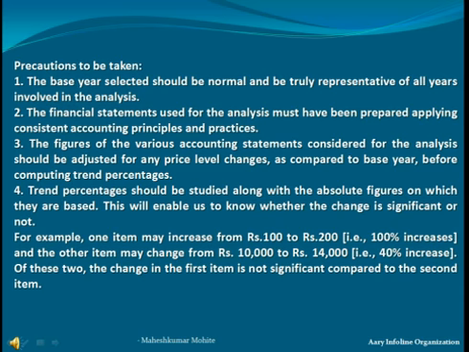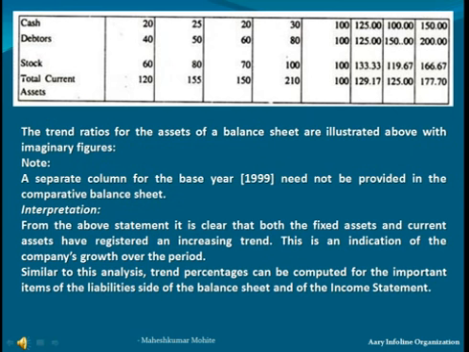Of these two, the change in the first item is not significant compared to the second item. The trend ratios for the assets of a balance sheet are illustrated above with imaginary figures. Note: a separate column for the base year, 1999, need not be provided in the comparative balance sheet.